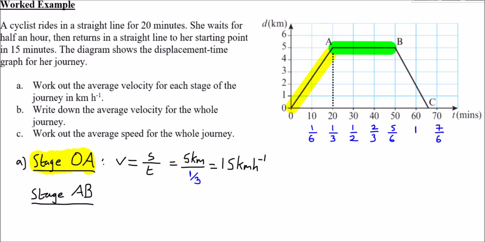Now this stage is very simple indeed. If you recall from what we said earlier, if it's a flat line going completely horizontally, this means that the velocity is 0. The displacement is not increasing. So for this one here, the velocity is 0.